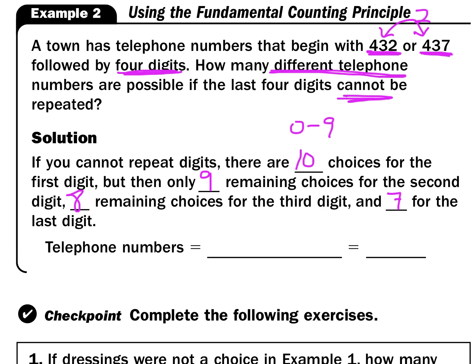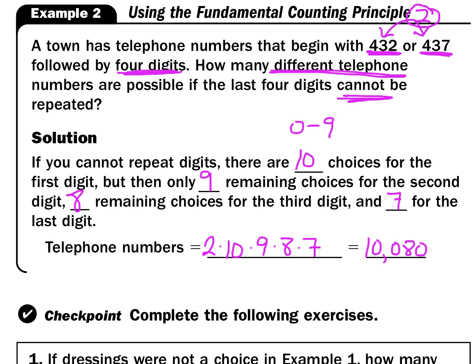So my possible number of telephone numbers is the number of prefixes times 10 for the first digit, 9 for the second, 8 for the third, and 7 for the fourth. If you multiply those out, you will get the total number of possible phone numbers, which is 10,080.